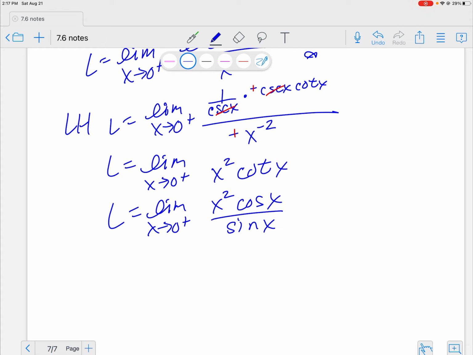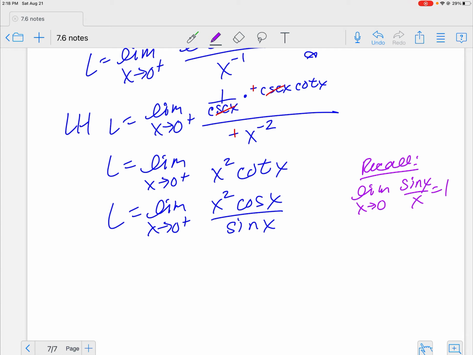But what else do you know? What did we literally just talk about? That the limit as x approaches 0 of sine of x over x equals 1. I also know that the same thing applies if I have the limit as x approaches 0 of x over sine of x, still equals 1. So let's use it.